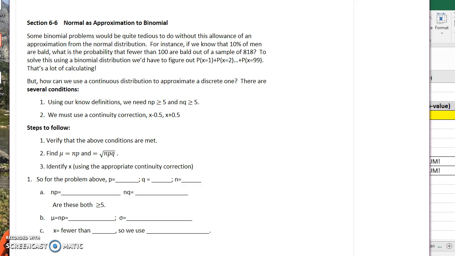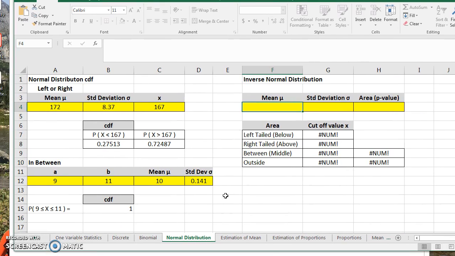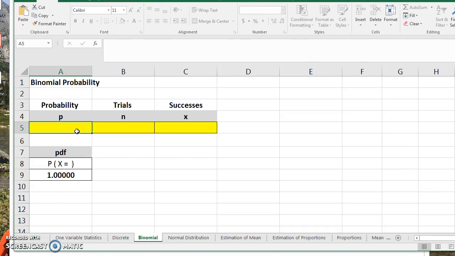To solve this problem using a binomial distribution, we'd have to figure out, let's take a look. Back in Chapter 5, when we did the binomial distribution, we said 10% of men were bald, and we had 818. Fewer than 100 would be 99, and I'd write down what I got.